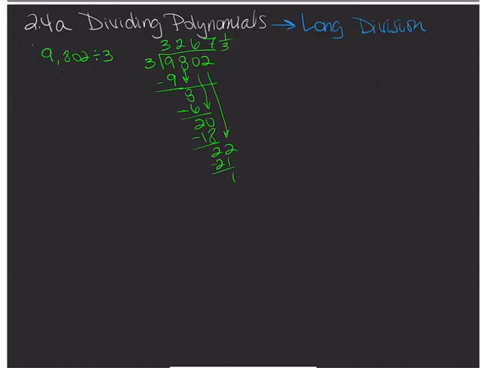So let's go through some of the terminology when it comes to our division. So I'm going to make a little division symbol. And the stuff that is underneath that is called the dividend. I'll try and write neat for you guys. The part on the outside is called the divisor.